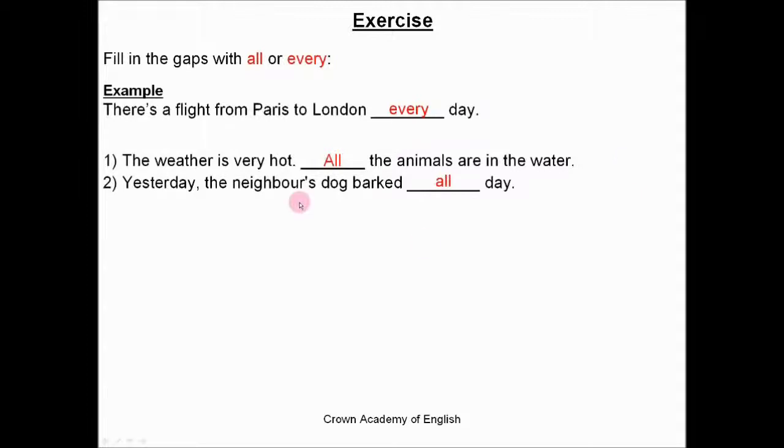Yesterday, the neighbour's dog barked all day. So again, this is a duration. We're talking about yesterday. And the dog barked for the duration of the day. So we must use the word all.